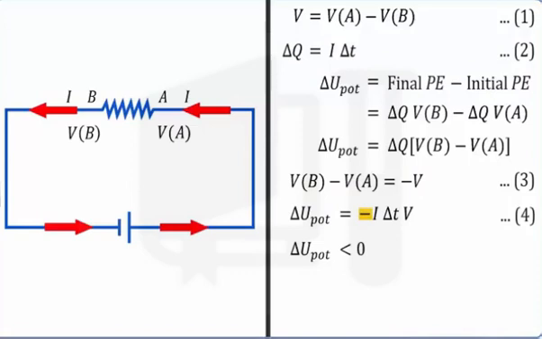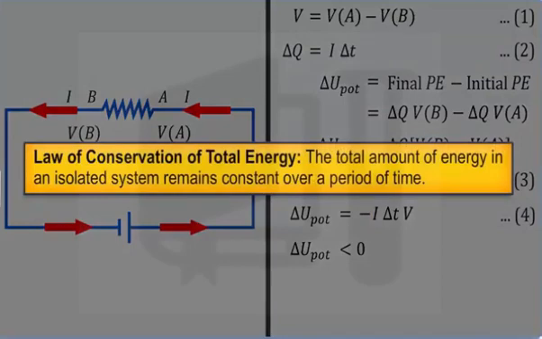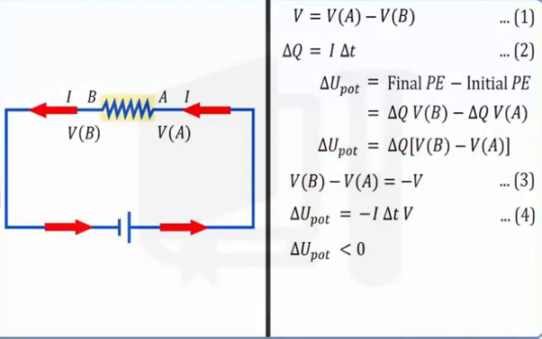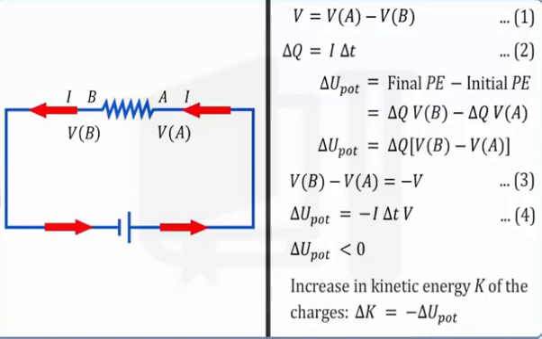The law of conservation of total energy states that the total amount of energy in an isolated system remains constant over a period of time. Applying this law between points A and B, since the potential energy of the charge is decreasing, its kinetic energy must increase. Therefore, an increase in kinetic energy K of the charges is expressed as delta K = −delta U potential.